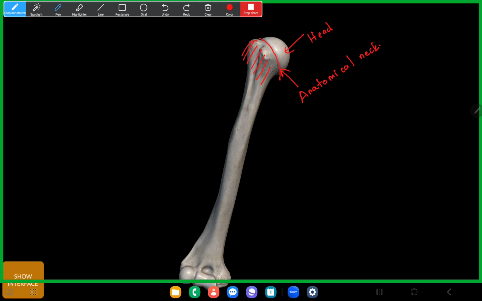So it separates the upper end and the head of the humerus. Then there is an elevation in the anterior aspect of the upper end, called the lesser tubercle. There is an elevation in the lateral aspect of the upper end, called the greater tubercle.